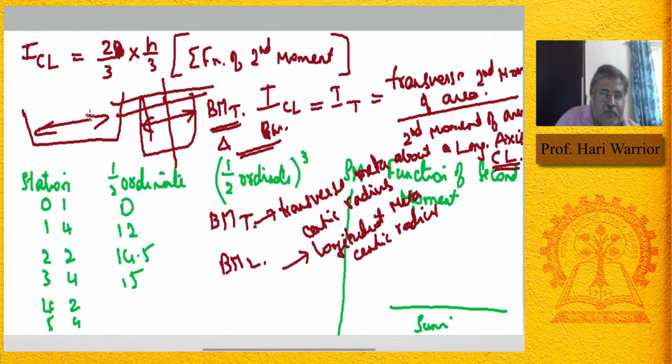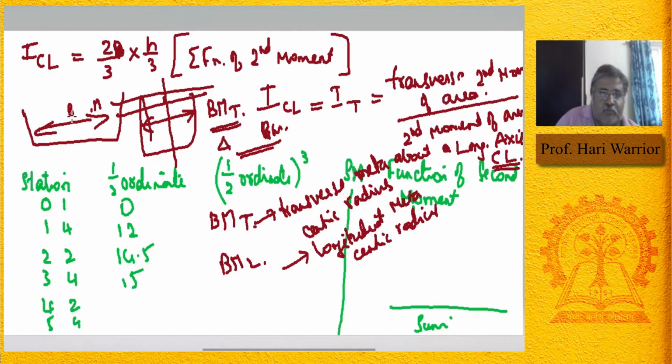Then this is BML, when we are considering trimming. When we are considering trimming, we talk about the position of B here and the position of M in the longitudinal distance, which will be seen in the front view. I am going to that in detail, so I am not going into it right now.